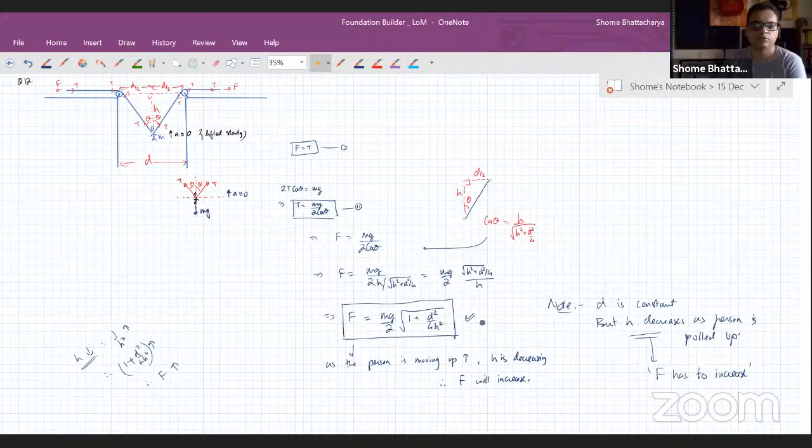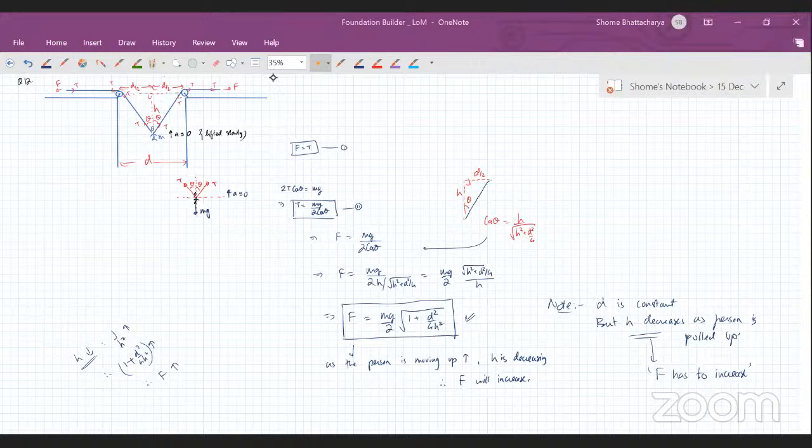So accordingly, the amount of force that has to be applied from either side on the rope has to increase. Okay, so this is an important question. Make sure you understand the solution properly. And after that, come to question number 14 next. We will discuss. So note this down and come to question 14.